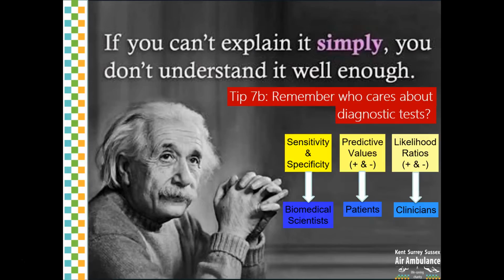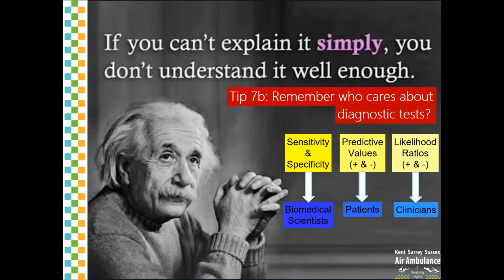When we're talking about diagnostic studies, so that's comparing, for example, the ability of troponin to diagnose acute myocardial infarction versus cardiac MRI, something like that, there are only 3 different results we want. And the important thing when you're thinking about diagnostic tests is that the different results are important to different people.